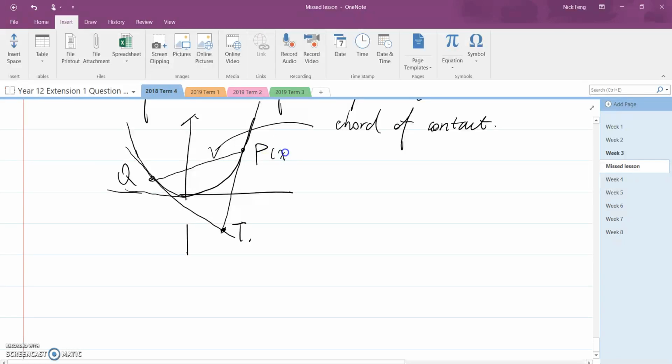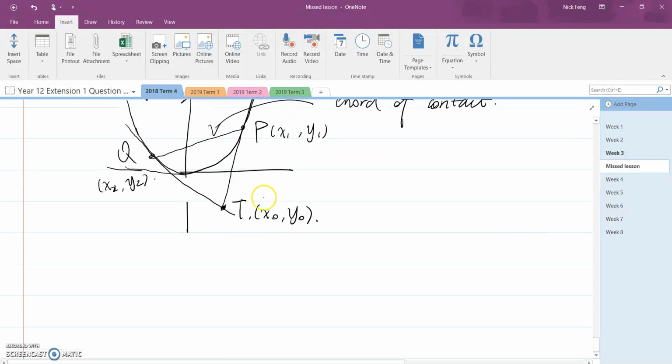If I call point P (x1, y1), point Q (x2, y2), and T (x0, y0). Now, our target is: given the value of T, which is (x0, y0), can we just get the chord of contact straight away? That's what we're trying to get, and that's what's given, (x0, y0).